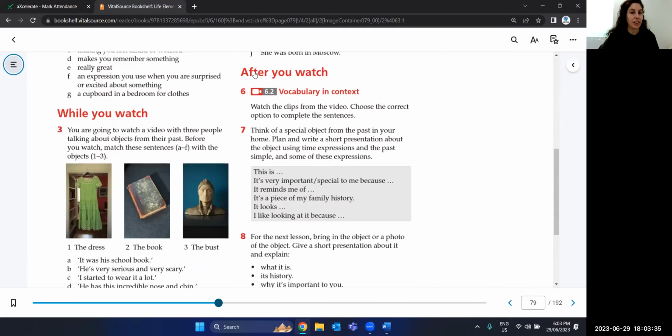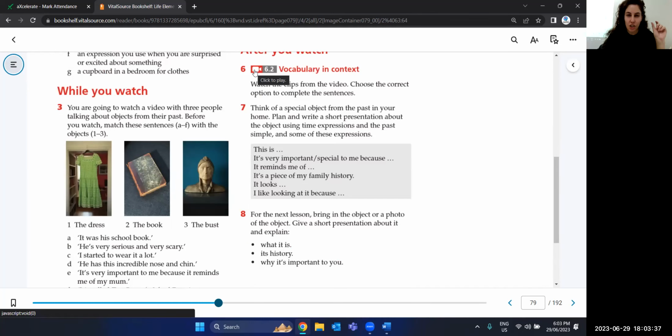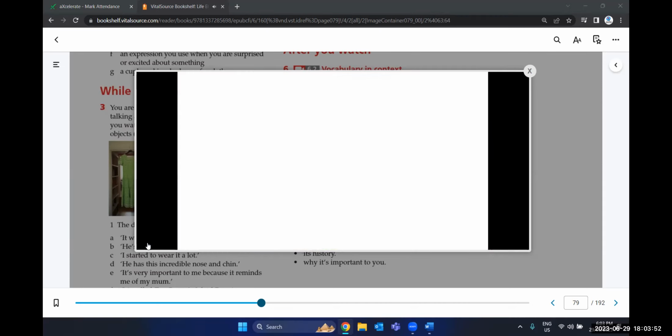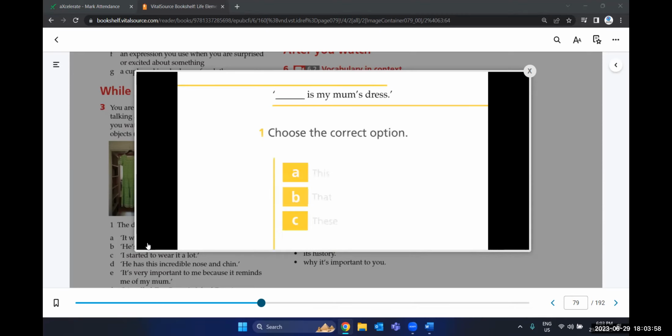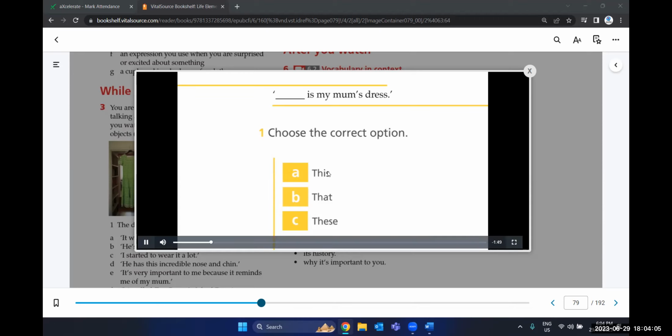Okay, we have some more vocab. So let's watch short little clips from the video and choose the correct option. My mum's dress. This, that, or these? This, singular.